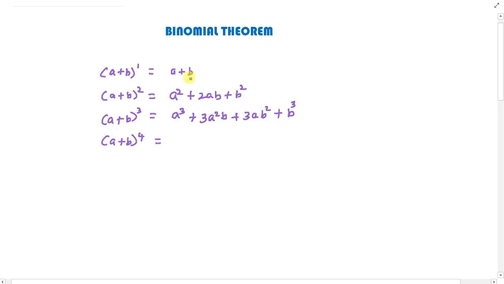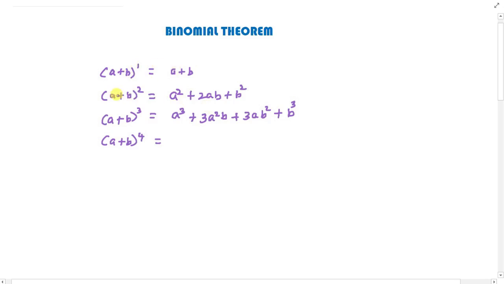You look at the first three expansions. Always the first term is the first term in the parenthesis with the index. So here we have a and the index is 1, so we have a power 1. And the last term is the second term in the parenthesis with the index.